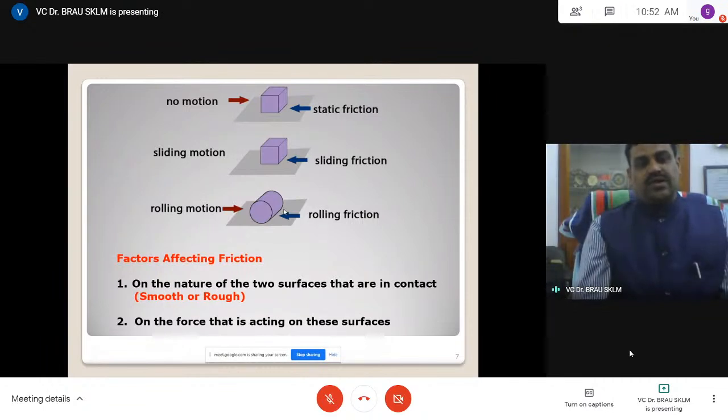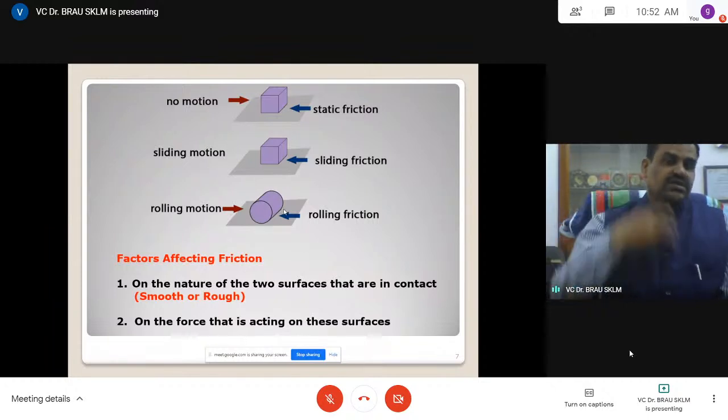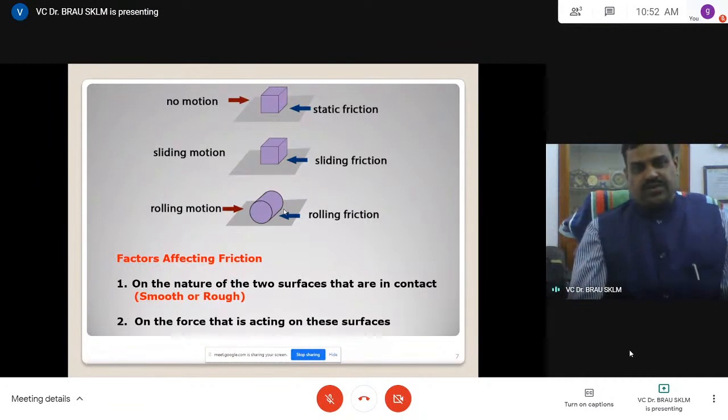Another important factor is the force acting on this surface, that is the frictional force, times the normal reaction, because between smooth and rough there is a normal reaction. The force acting on these surfaces is a function of the normal reaction. So these two are somewhat interrelated parameters. This is how we generally consider the factors which affect the friction.